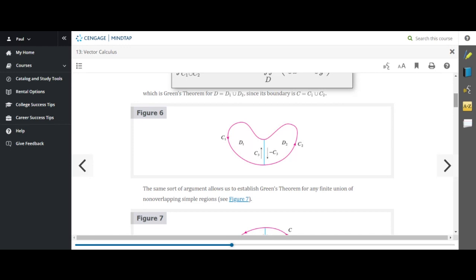But what happens is the line integrals with respect to C3 and negative C3.